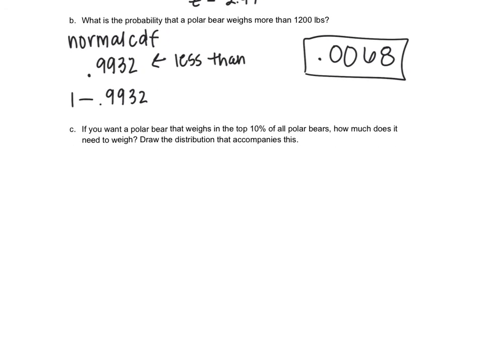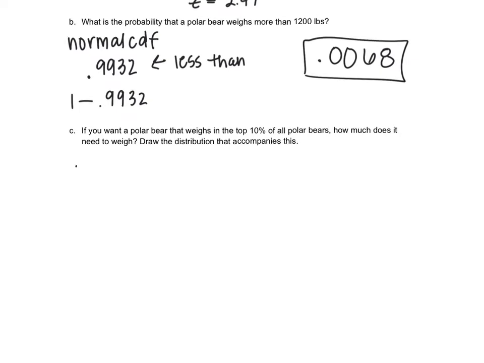And then lastly, if you want a polar bear that weighs in the top 10% of all polar bears, how much does it need to weigh? And then we want to draw the distribution. So this is an example of INV norm. And remember, it uses area below. So if you're in the top 10%, that means the area below is 90%, which is 0.90.